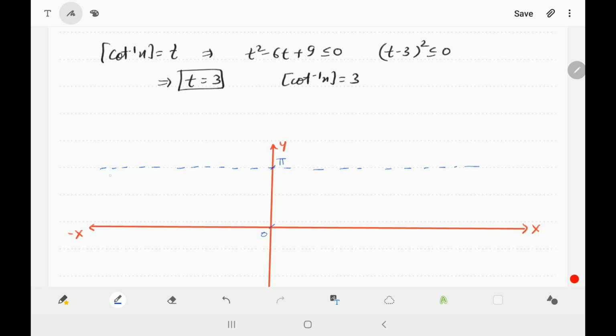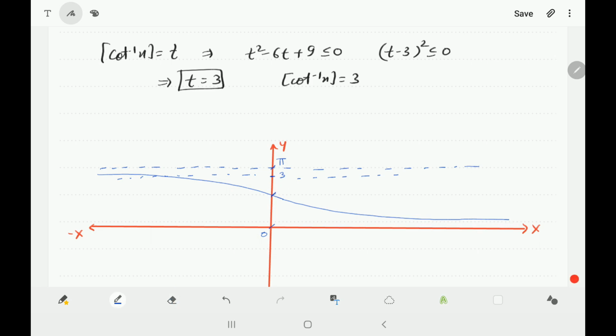Cot inverse x is a decreasing graph, so it goes like this. It will be asymptotic on the x-axis as well as at the line y equals pi, which is a horizontal line parallel to the x-axis. Now for drawing the greatest integer of cot inverse x, you draw horizontal lines at integer points. So this is the first line for us.